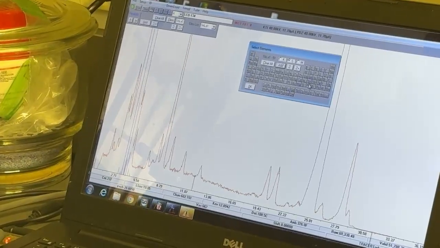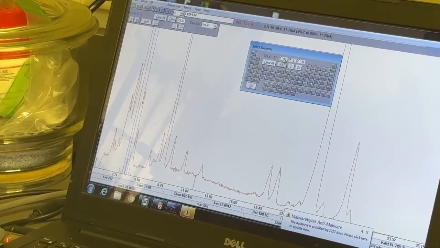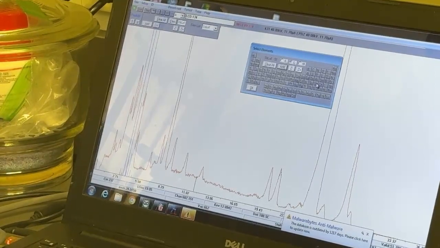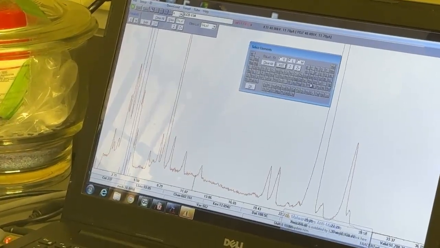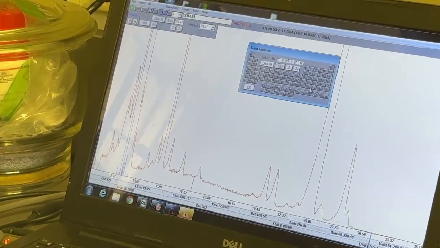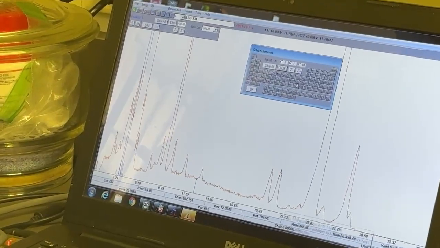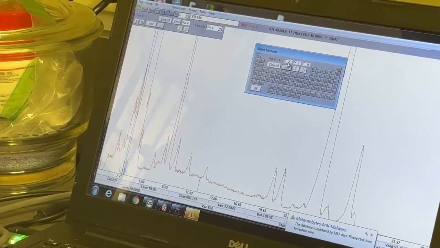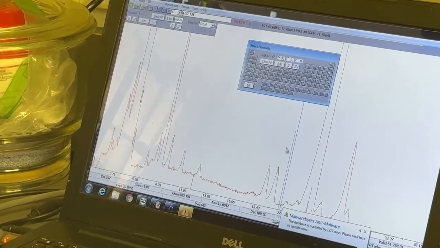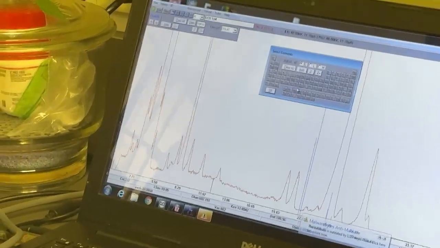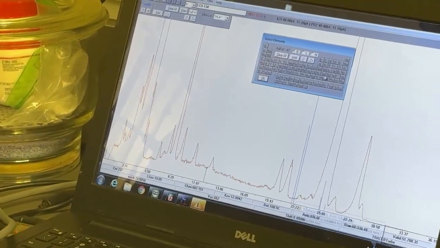Antimony should be here. It's not. What about silver? Let's check silver before. Silver has bigger peaks. Yeah, there's no silver there. And that's mostly lead, a very small amount of lead.